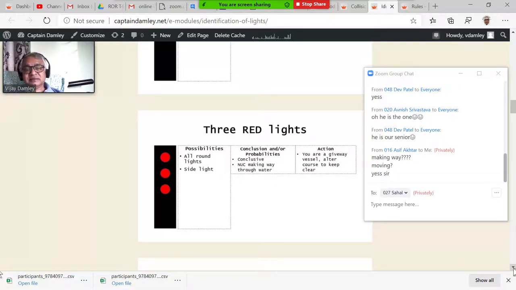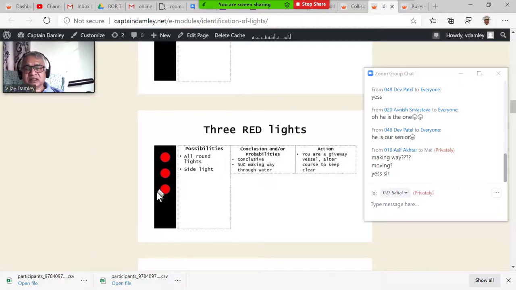Okay. We go to three red lights. We are moving through only red lights right now. Now, three red lights. If you see three red lights, obviously the three combination has to be an all-round light along with the side light. It is possible these top two red lights are indicating a vessel not under command, and she is still moving in the water.